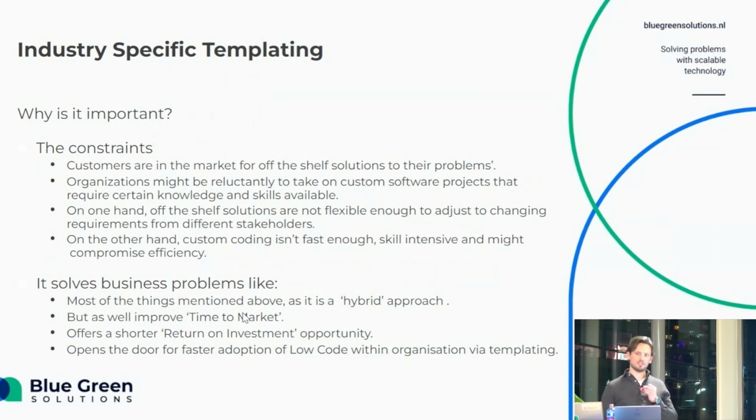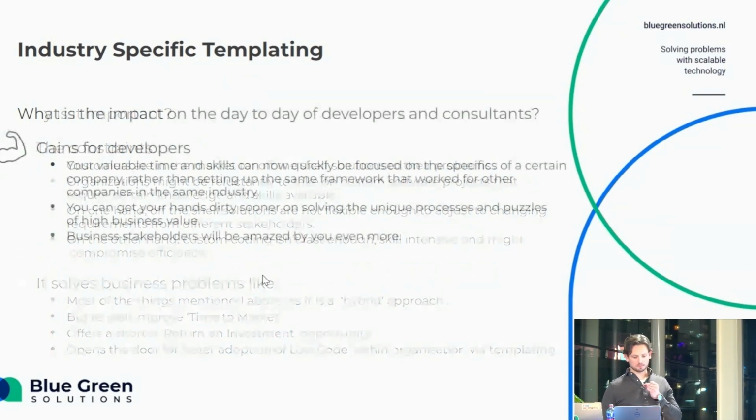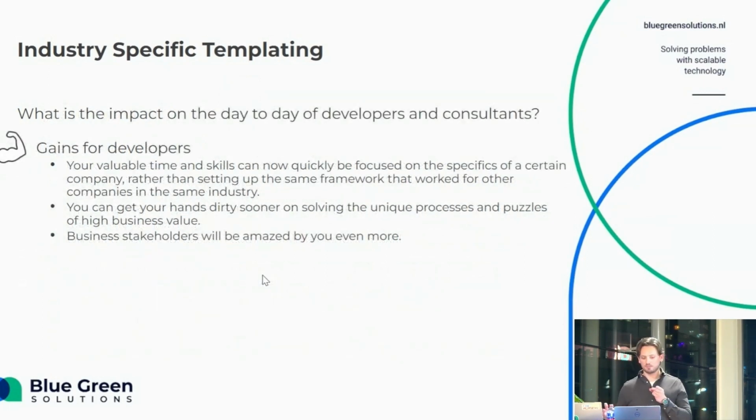With an industry-specific template, you can start with a package and then get into all of those adaptations and custom code really easily. So it's actually a stepping stone to get more organizations involved with low-code rather than trying to do product sales.